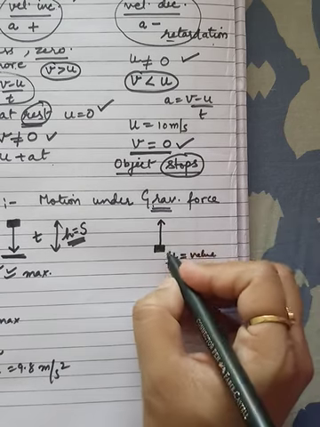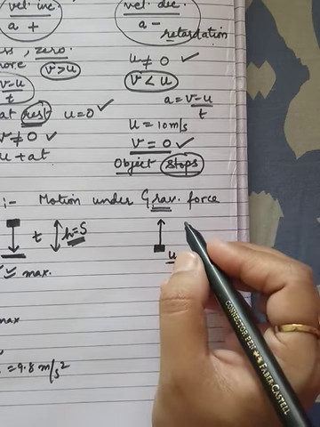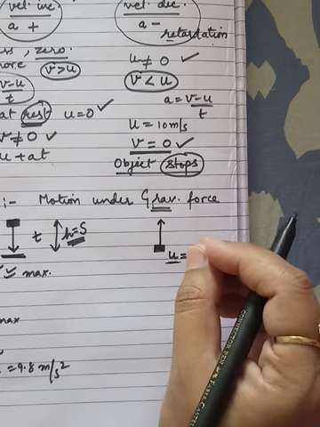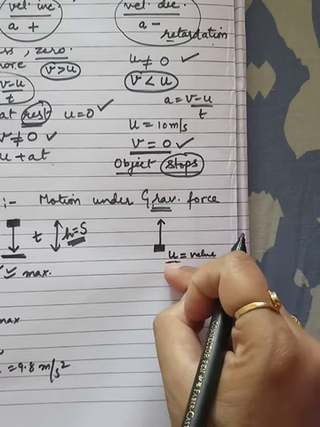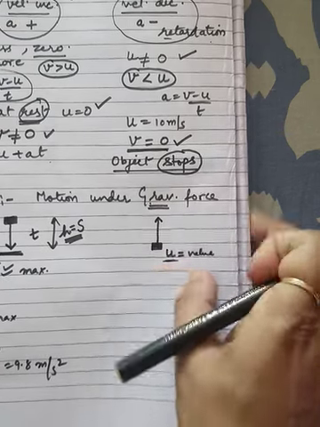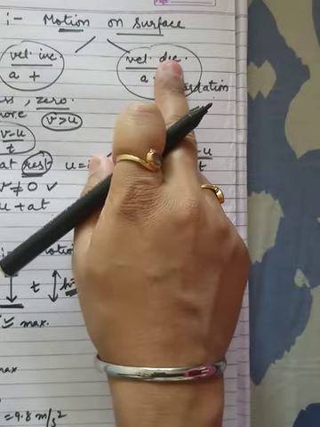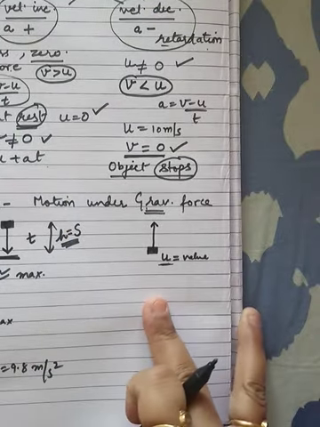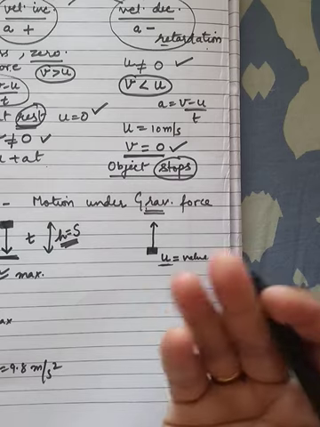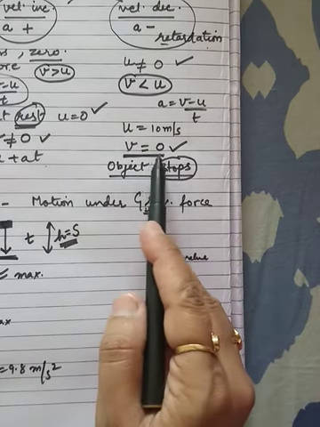So the velocity goes on decreasing and decreasing. That is the velocity decrease case. When velocity is decreasing, it may come to 0.